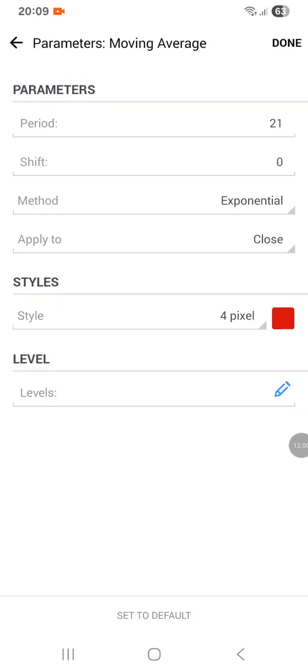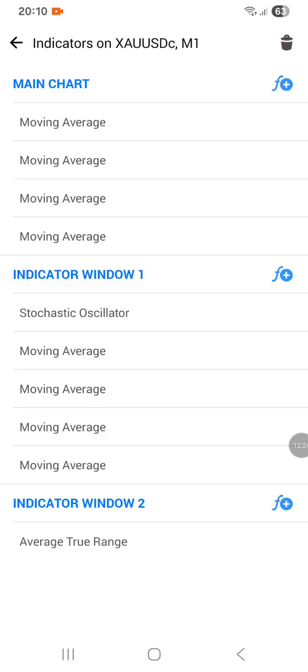Let me check the shift for the first. There's no shift for the 21 EMA. There's no shift value for the 126, but there's a shift value for the 200 EMA. That's plus 8. And there's a 65 EMA. The shift value is 5. And this color is gray.